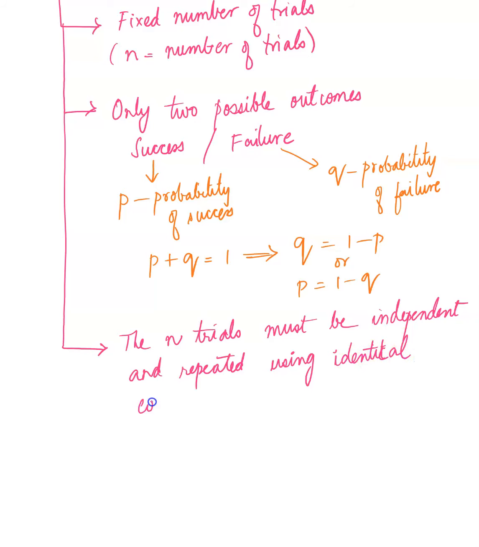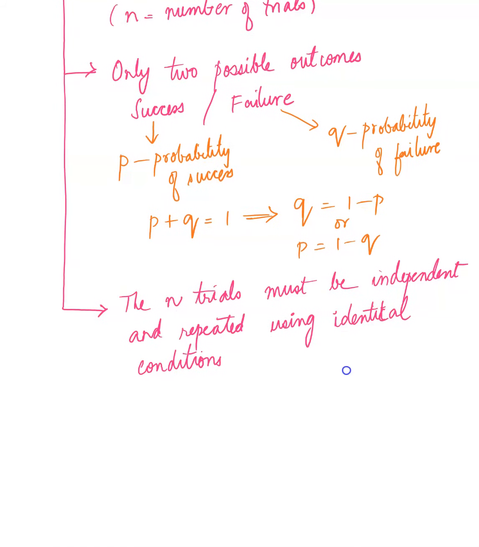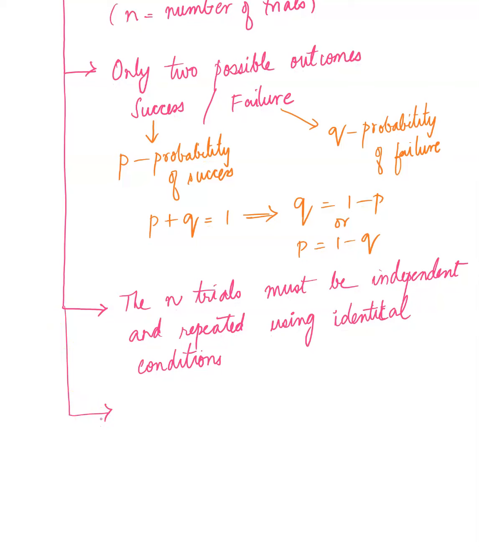Identical conditions. And the fourth condition is the redundant one I was talking about. So what this means is that when we say they're independent, and this is for each individual trial, the probability of success and the probability of failure should remain the same in each individual trial, right? Because one did not affect the other, so the probability will change if one affected the other. Remember, like with the replacement versus without replacement, or conditional probability given that something happened.